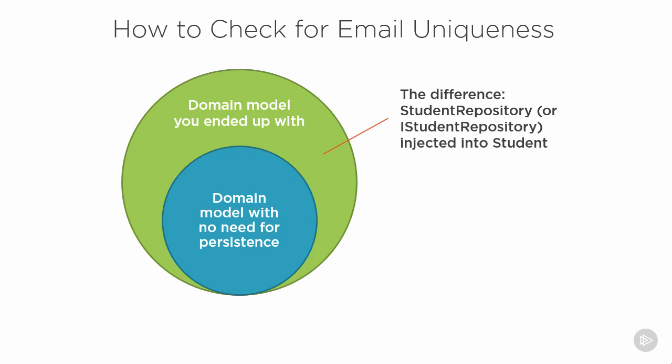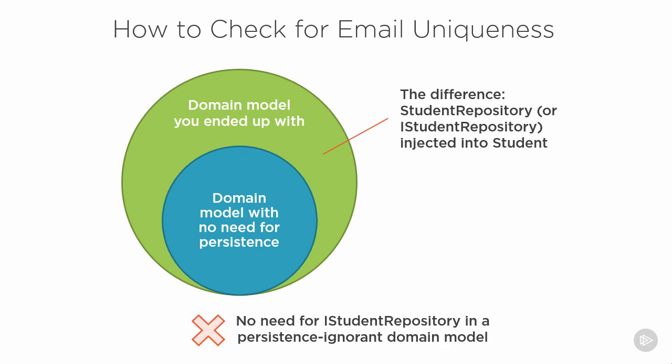And the difference here is the IStudentRepository interface. The domain class simply wouldn't need to work with this interface in a setting with no database. You don't need a repository for an object that is already in the memory. Therefore, this interface is an explicit reference to the database. The same is true for other techniques, such as passing in a delegate that would check for email uniqueness.